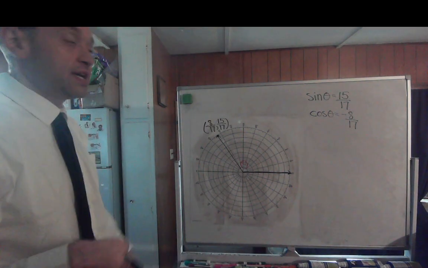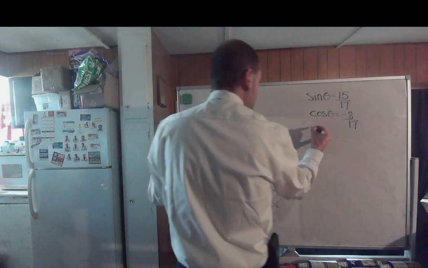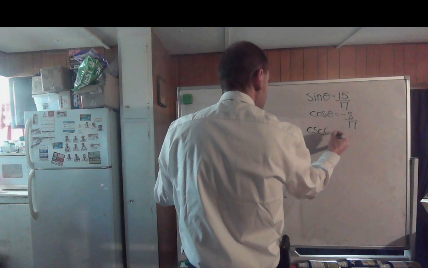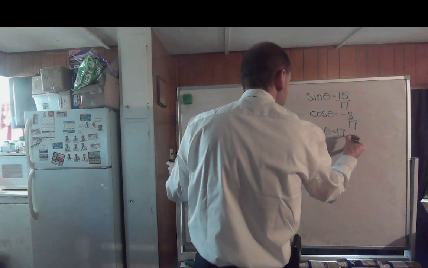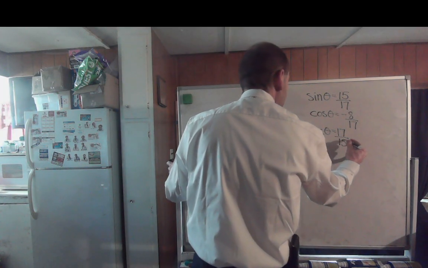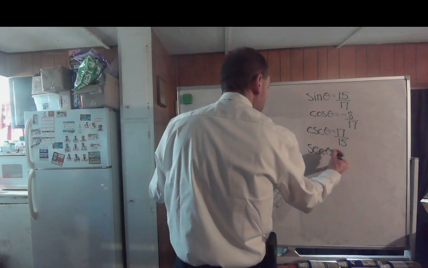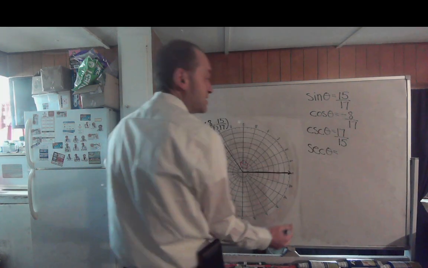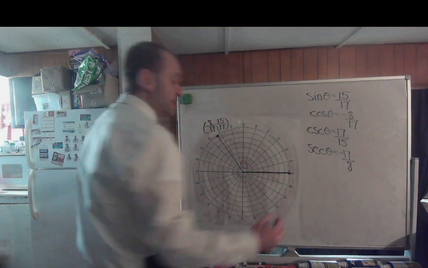So we've already found two of the trig values. Now from there we can easily find the secant and cosecant, because the cosecant's the reciprocal of the sine. The reciprocal of 15/17 would be 17/15. Now the secant's the reciprocal of the cosine. Reciprocal of negative 8/17 is negative 17/8. And then, of course, we can find the tangent.